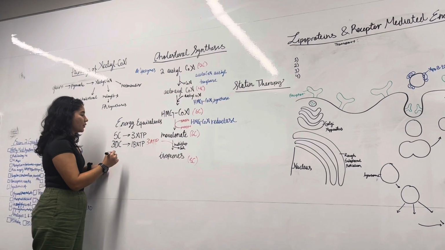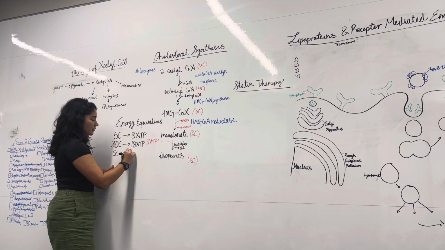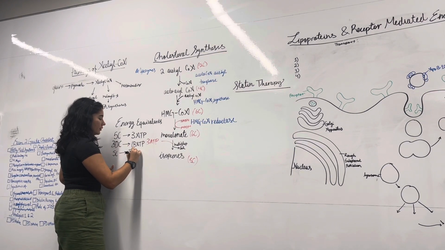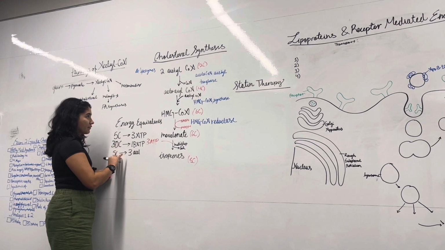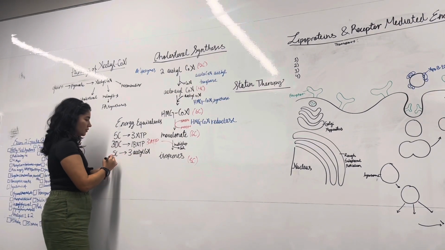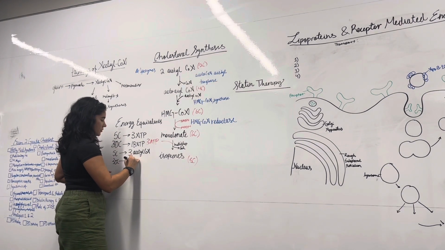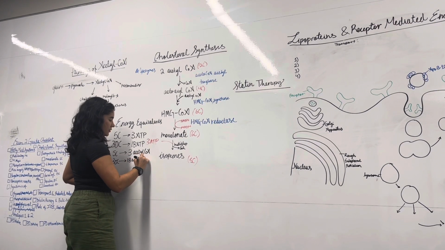And same thing for acetyl-CoA. For every 5 carbon we need 3 acetyl-CoA. That was one of the quiz questions, right? And for every 30, of course, we're gonna need 18. Those were both 18, right?